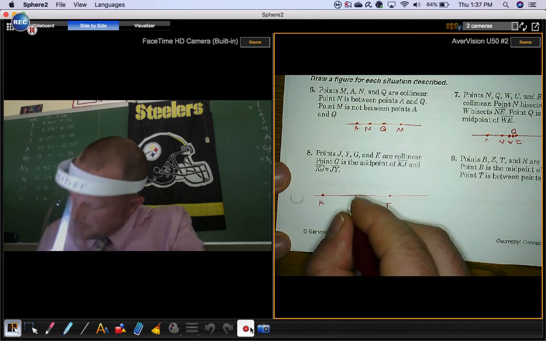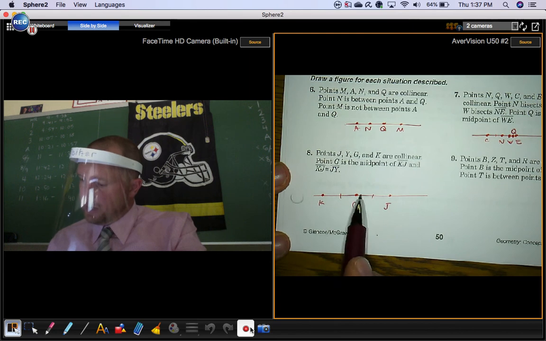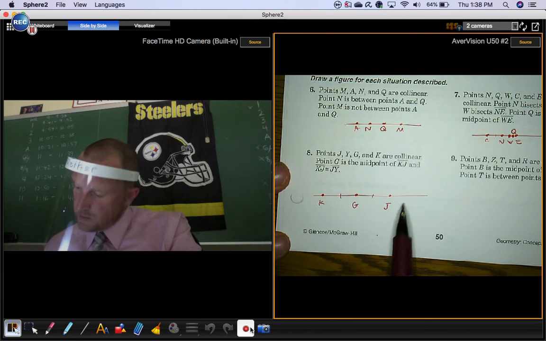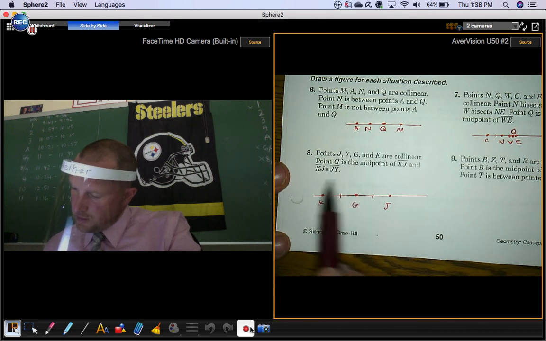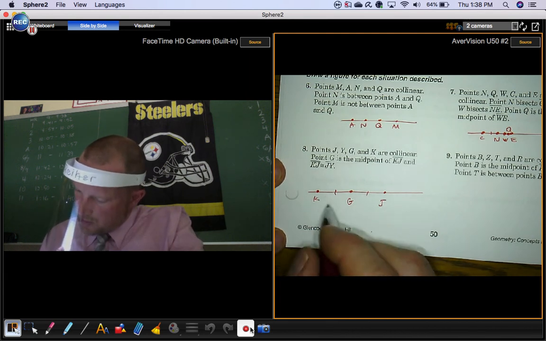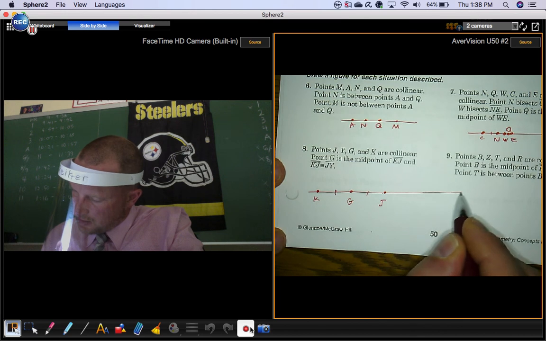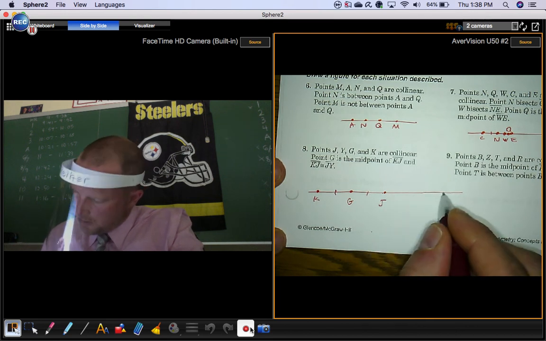If point G is the midpoint of it, that means these two little segments are equal. Now they're also telling you that segment KJ is congruent to segment JY. So this length from here to here has to be the same as the distance from J to Y.